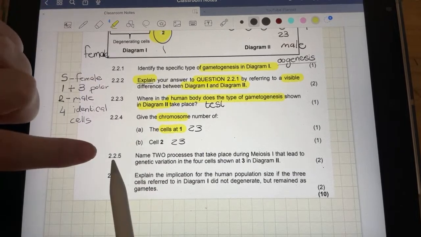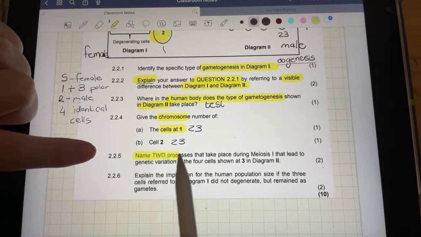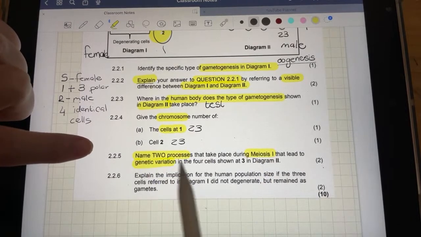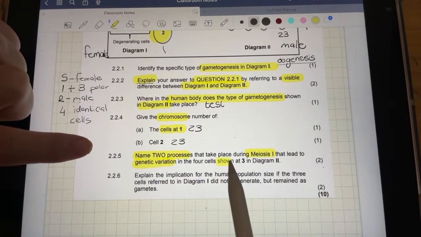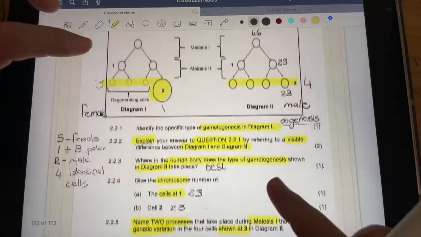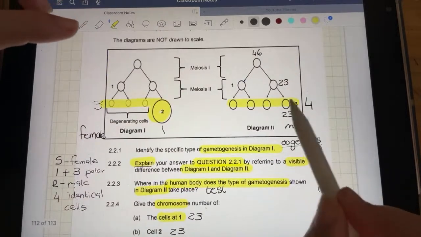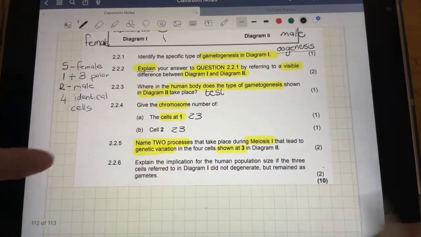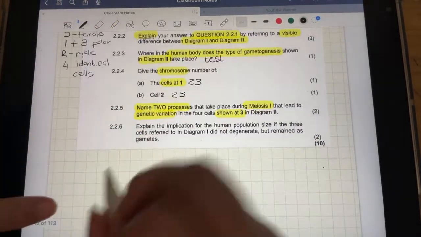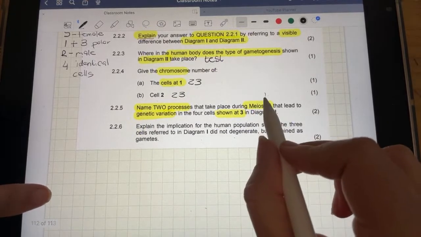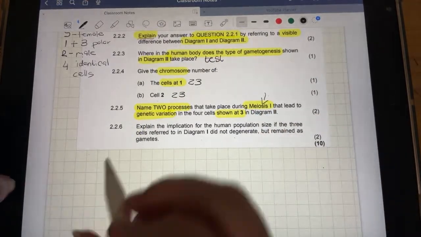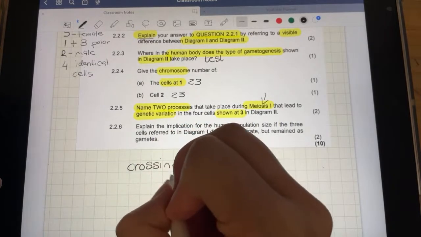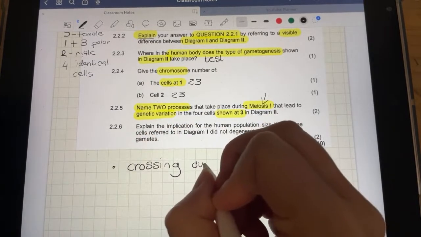All right. 2225. Name 2 processes that take place during meiosis 1 that lead to genetic variation in the 4 cells shown at 3 in diagram 2. So we're just going to go over here. So we're talking about males over here. So what are our 2 processes? Well, my answer for that, and it must be during meiosis 1, I would say crossing over, because remember, crossing over can only occur in meiosis 1.